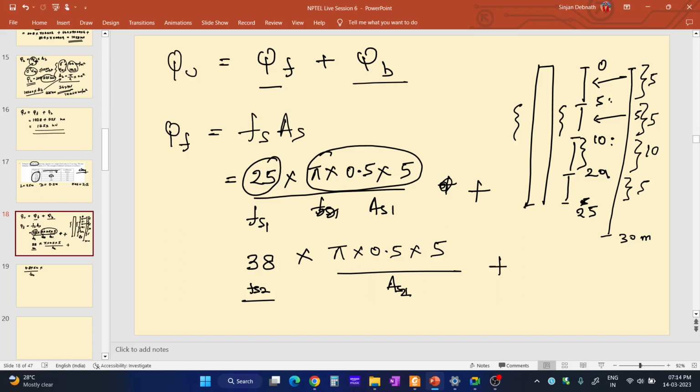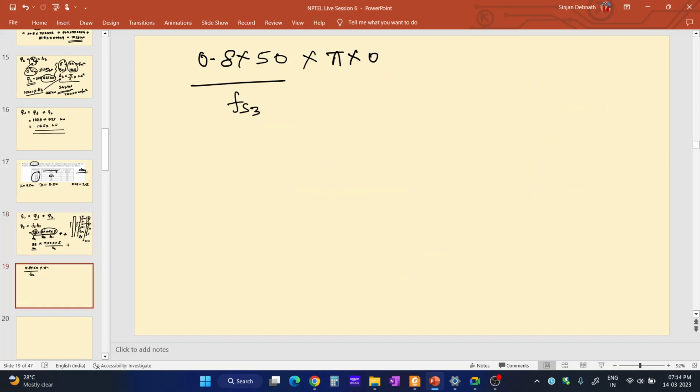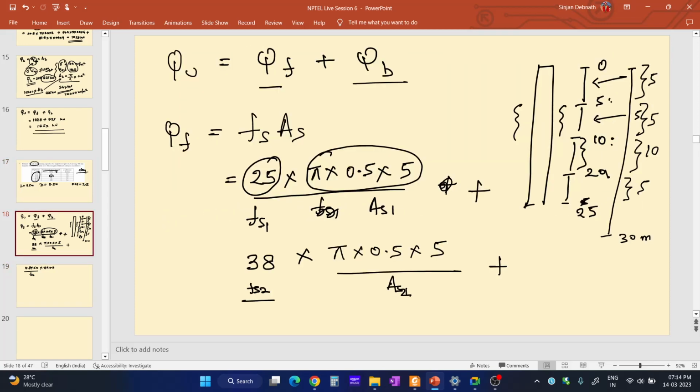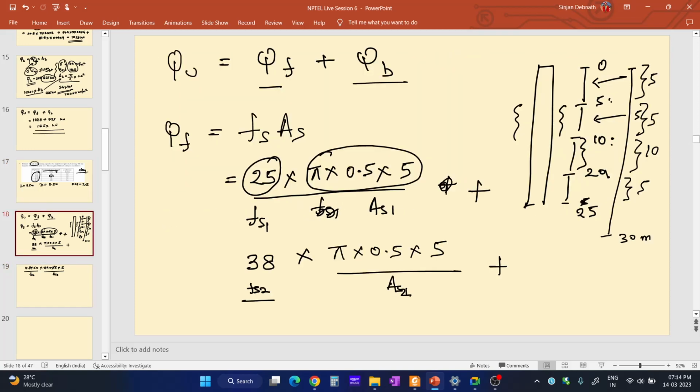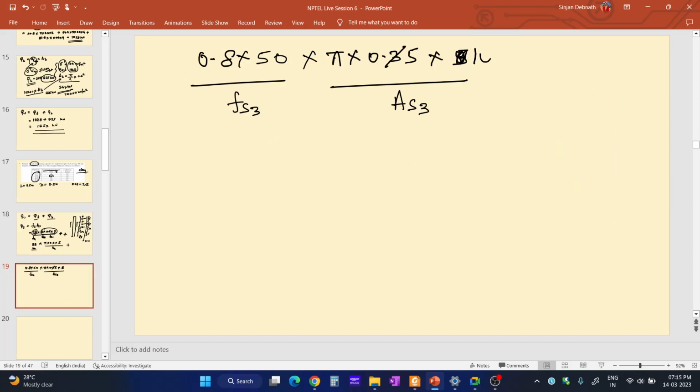That is pi into d into L, where d is 0.5 and the thickness of the third portion from 10 meter to 20 meter is 10 meter. So pi into 0.5 into 10. This one is Fs3 into As3.